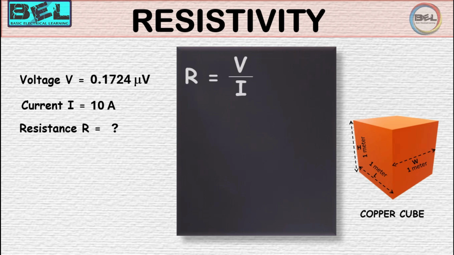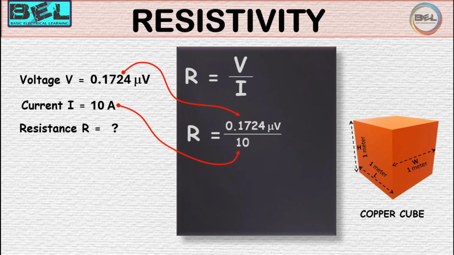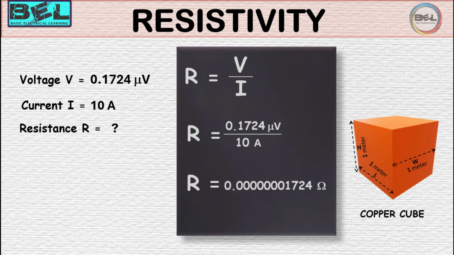R is equal to V over I. Now let's put the value of voltage, 0.1724 microvolt, divided by the value of the current, 10 amperes. By calculating with the help of a calculator, we found that the value of the resistance R is 0.0000001724 ohm.